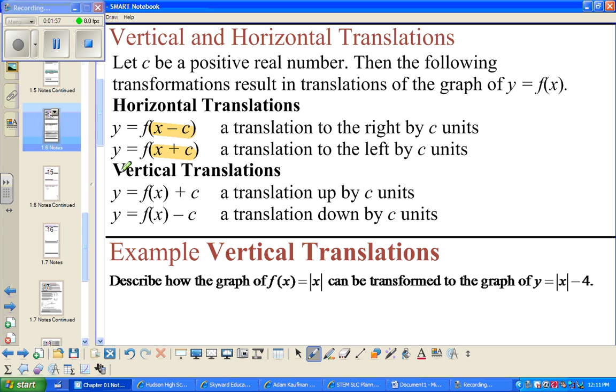For vertical translations, you're adding or subtracting numbers to the entire function. Notice the difference. For a horizontal translation, each individual x value has a number added or subtracted from it, while in vertical translations, the entire function has a number added or subtracted from it.